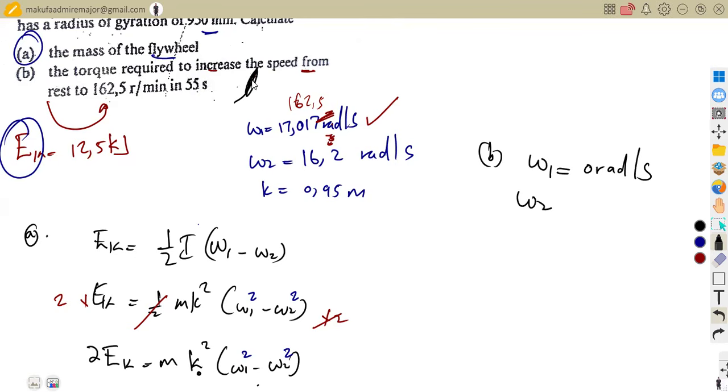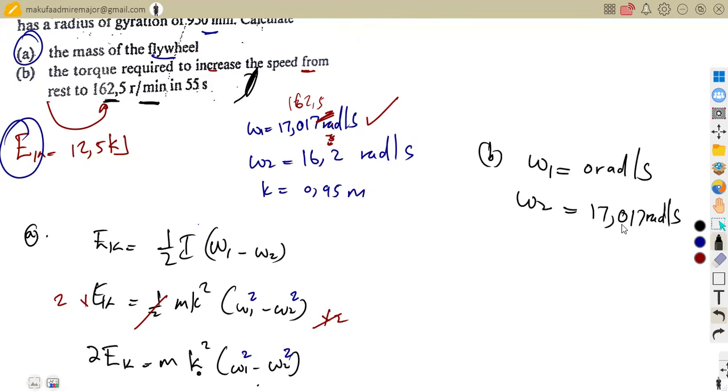It increases to that 162,5, which is 162,5 in revolutions per minute, the one that we converted before, remember? And it gave us 17.017 rad per second. This is omega in rad per second.